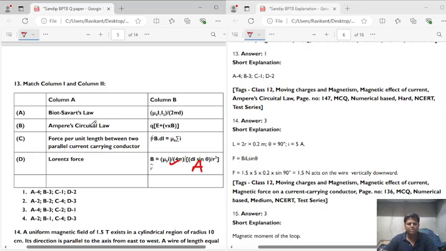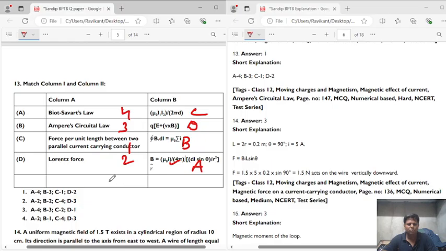Then the Ampere circuital law is closed integral B dot dl. So this is B, and then the force per unit length is mu naught I1 I2 upon 2 pi d. So this will be C, and then this will be D. So A is 4, B is 3, C is 1, and D is 2.